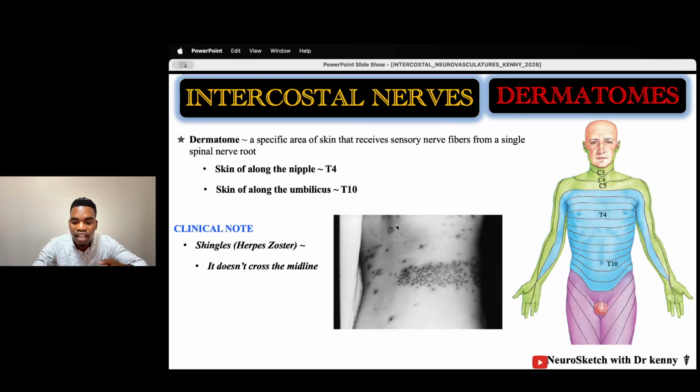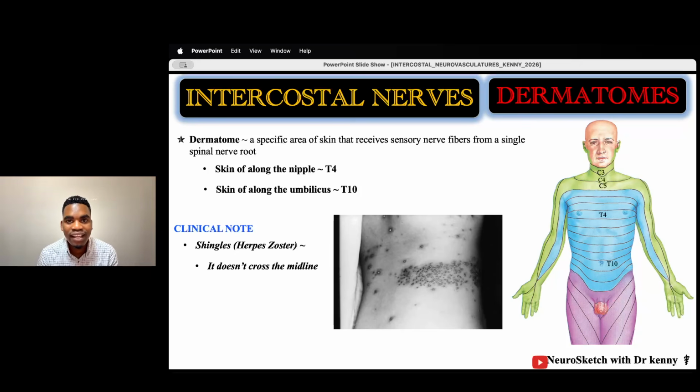For example, if the nerve root of T8 or T9 is affected, the clinical manifestation is going to appear in the region supplied by that specific spinal nerve, and that's called shingles.